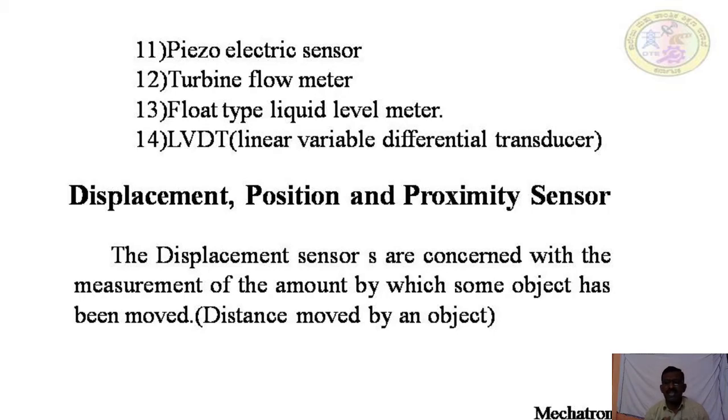Means that displacement of an object, movement of an object with respect to some reference point can be measured by using a displacement sensor.